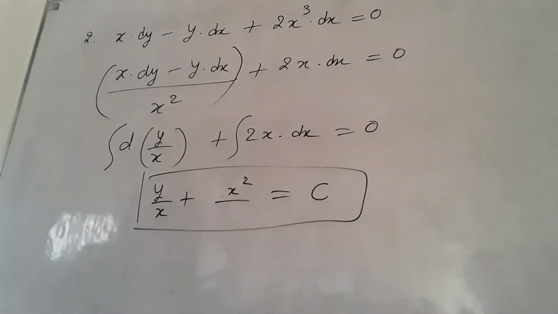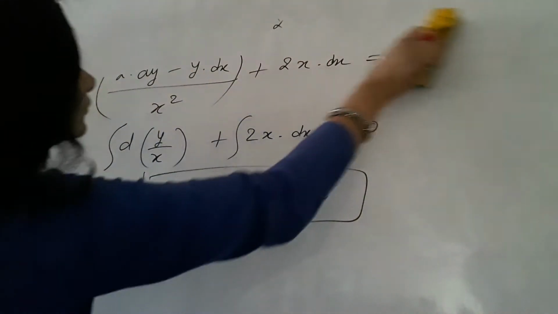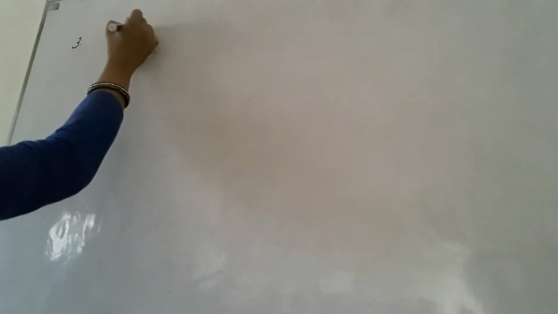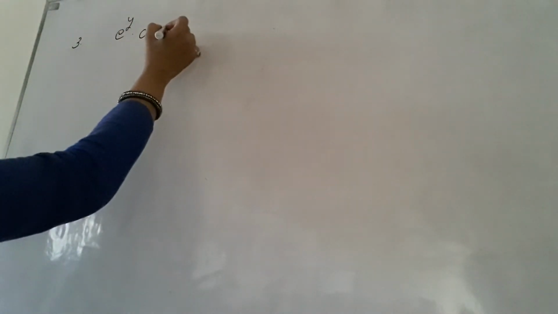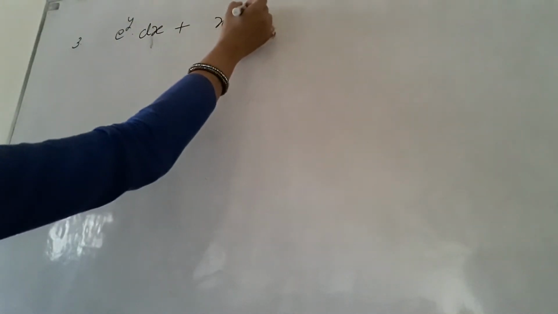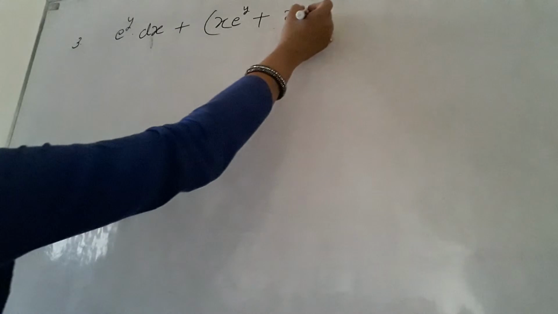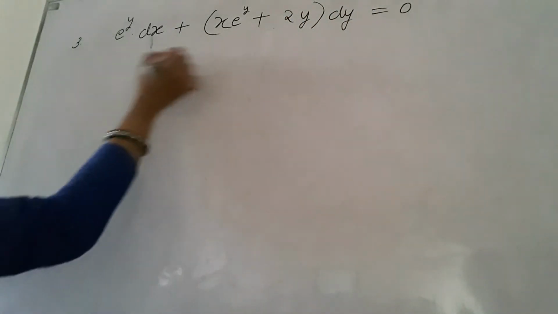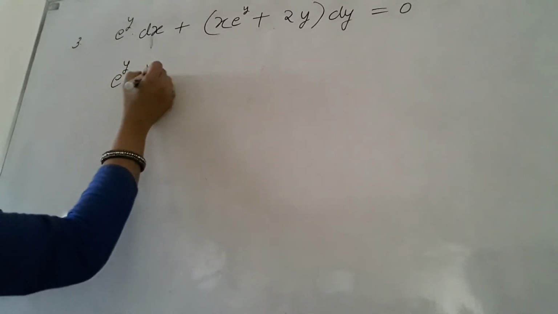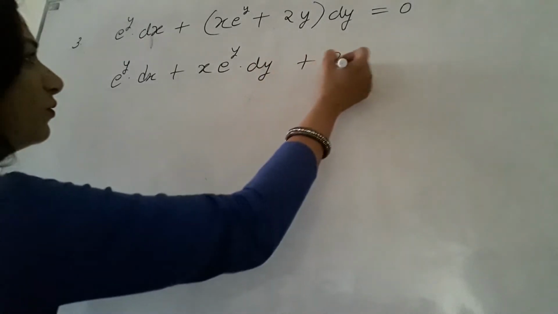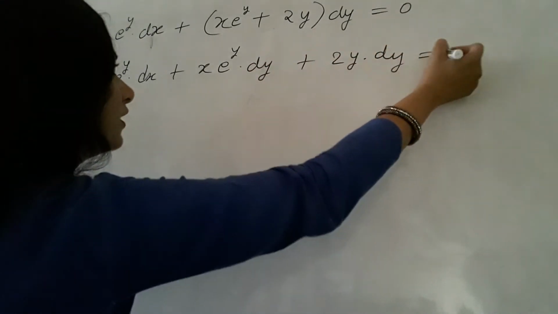Now, our next question is now, after rearranging it, we can write it as e to the power y into dx plus x into e to the power y into dy plus 2y into dy is equal to 0.